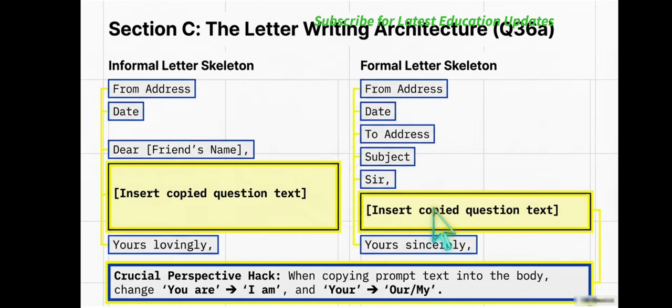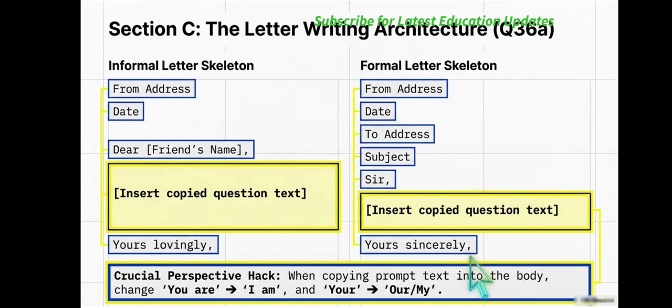For example, you are writing a letter to the commissioner about a drainage issue, right? So exactly tell the problem and in what ways it can be addressed, right? So please request the commissioner to look into the matter, whatever the problem has been mentioned in the question, right?